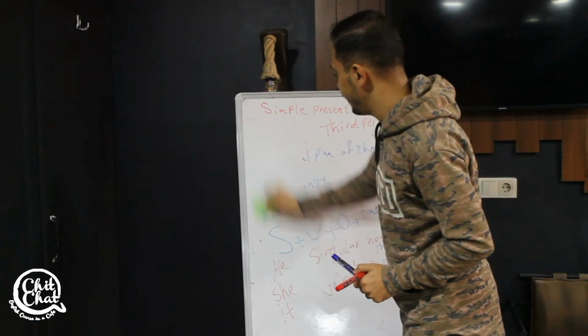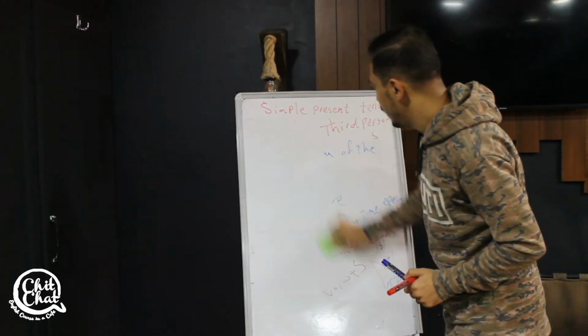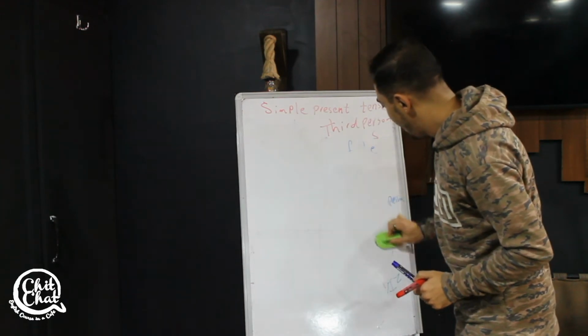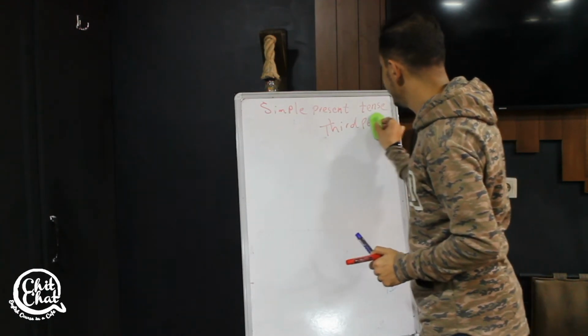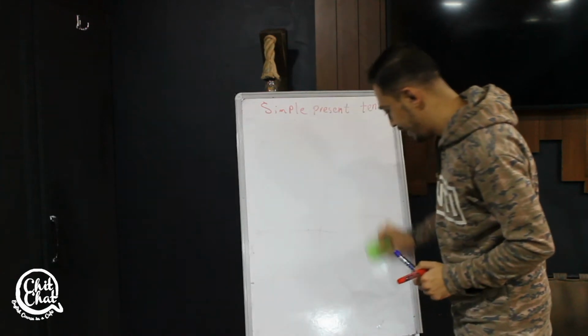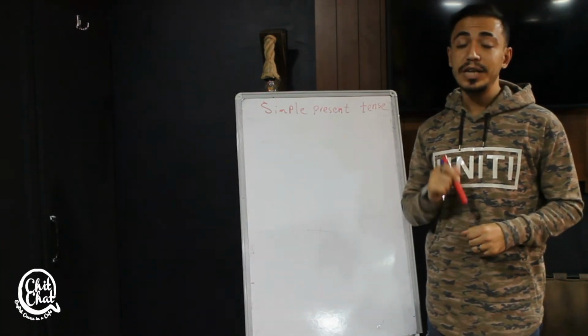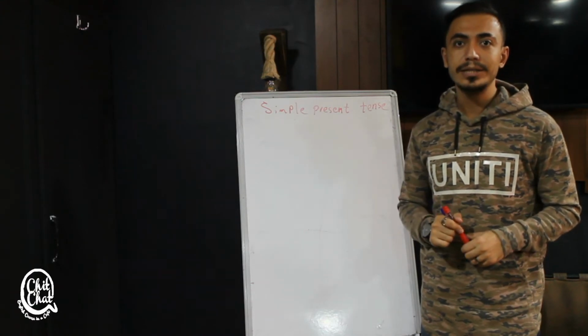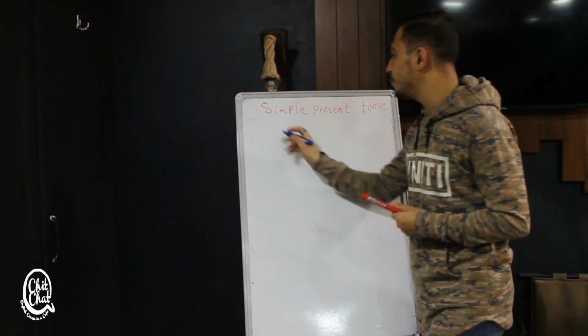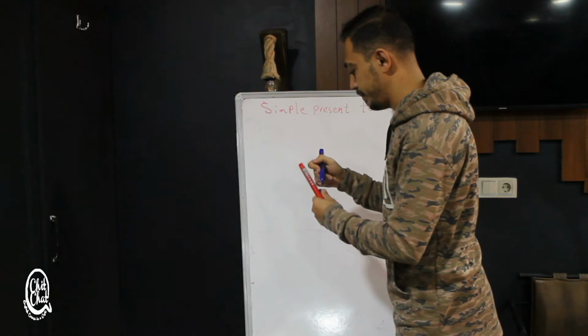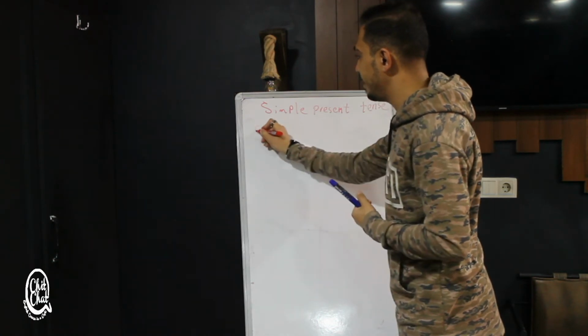Now, the next topic is about how to change sentences into question and negative form. Guys, for changing sentences into question and negative form, you have to use an auxiliary verb.